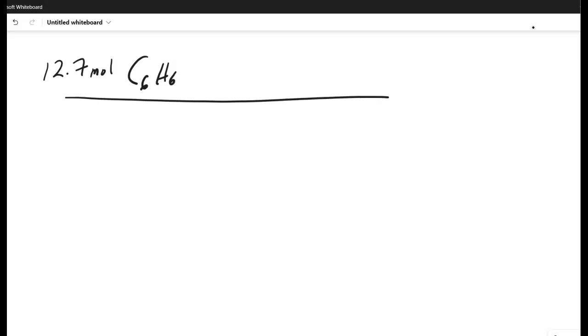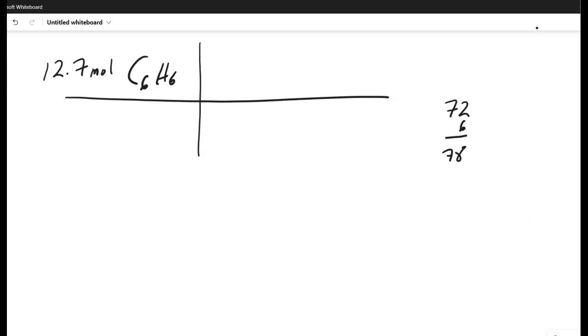Okay, so that was the sodium hydroxide one. How many grams of C6H6 are there in 12.7 moles? I have 12.7 moles of C6H6. So the molar mass of that is going to be, well, I've got 6 carbons. Each one's about 12 grams per mole, so that's 72 from the 6 times 12. And then each hydrogen is roughly 1, so about 6.